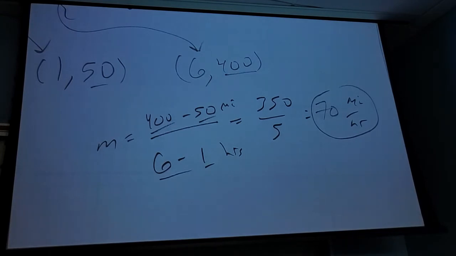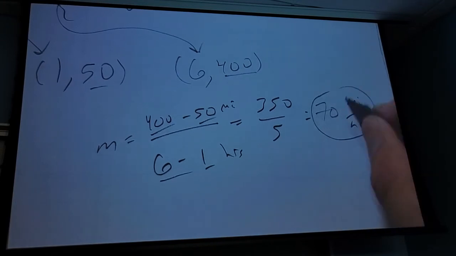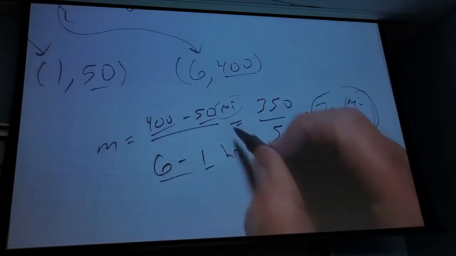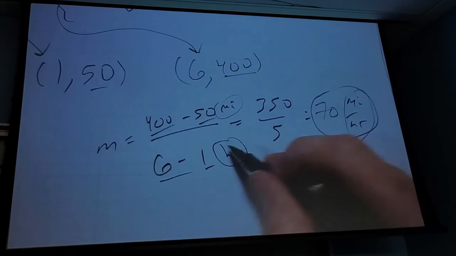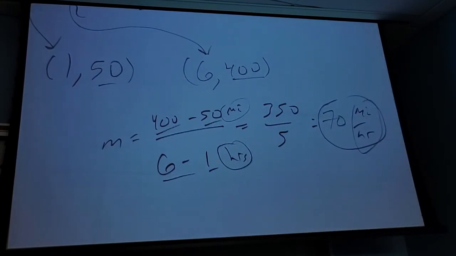If I have position and time, slope means velocity, speed. This is not a revelation to anyone, but people kind of get this confused. The beautiful thing is, what are the units on your answer? It's just the units of the stuff on the top over the units on the stuff on the bottom. That's so beautiful.